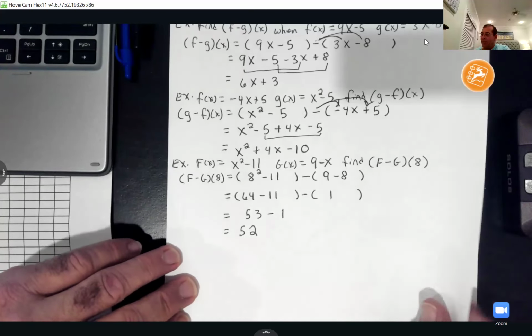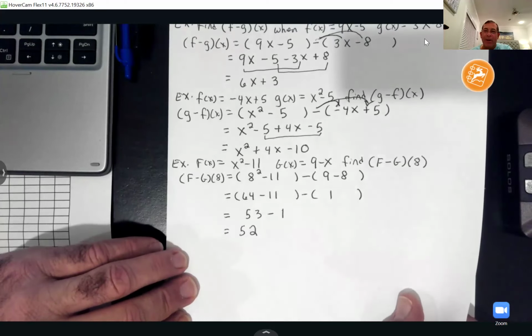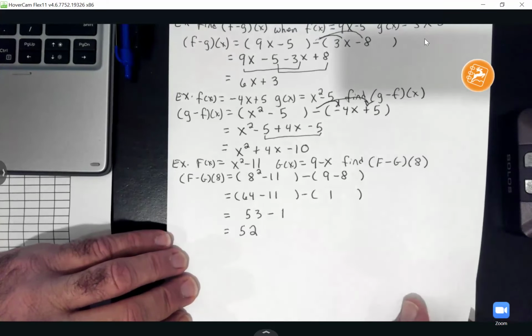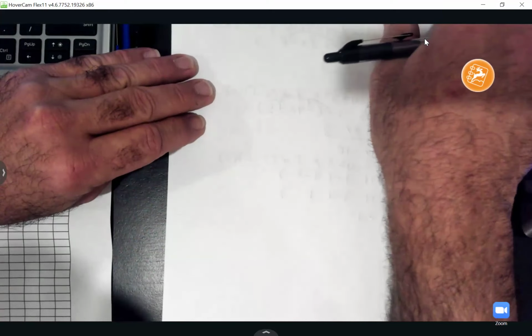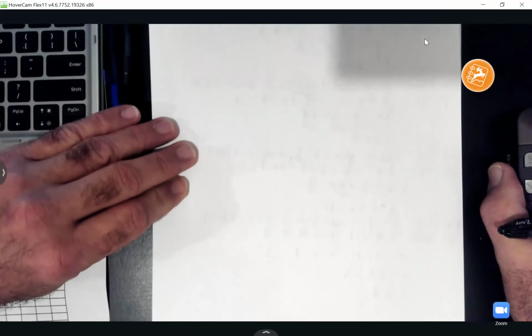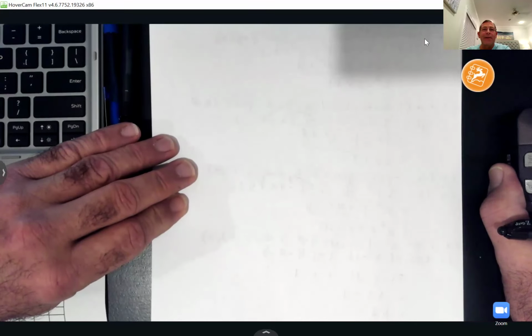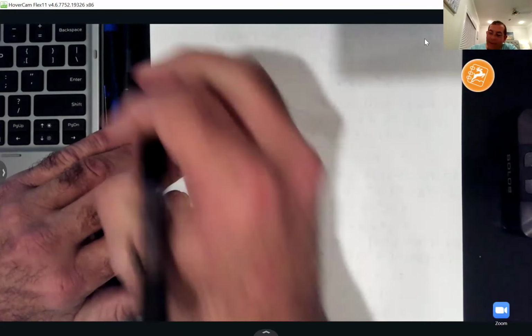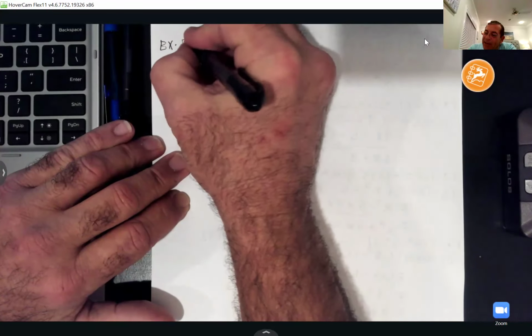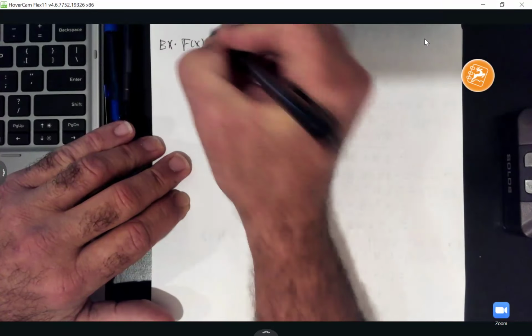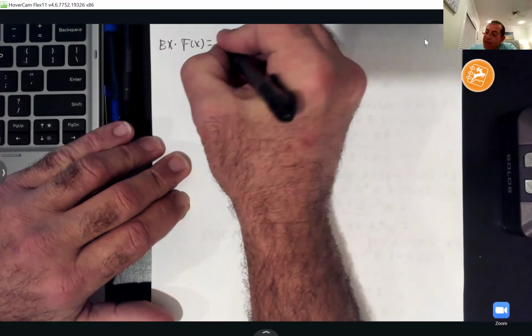All right, y'all. So I'm about to turn it up on you again. Let me get that camera back up there. So let's see what y'all think about this one. F of x is going to equal x squared minus 3.